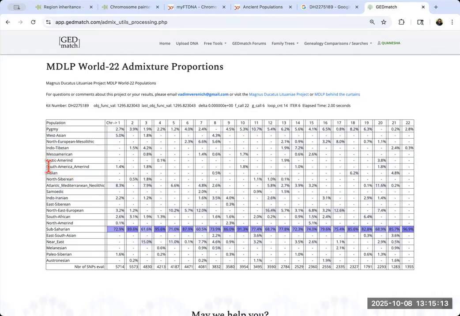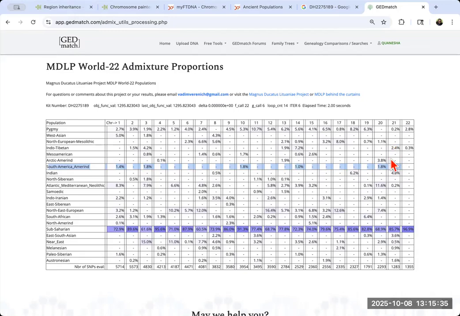If we were to stay with the South American Indian, we have 1.4, 1.8, that's 3.2, another 1.8. Now we're at a full 5%. Okay, now we've got 6%. Now we've got 7.8% when you look at that.